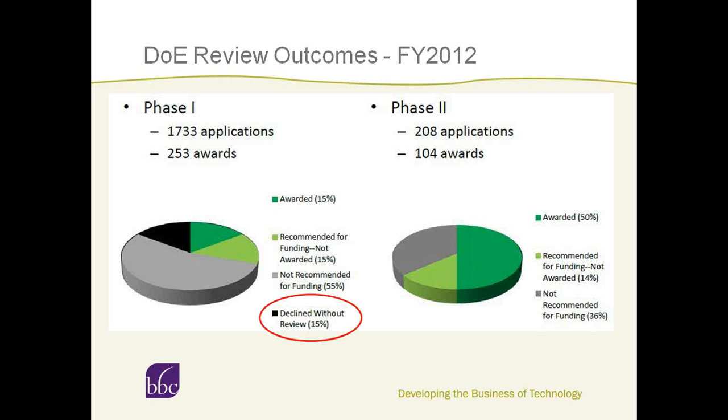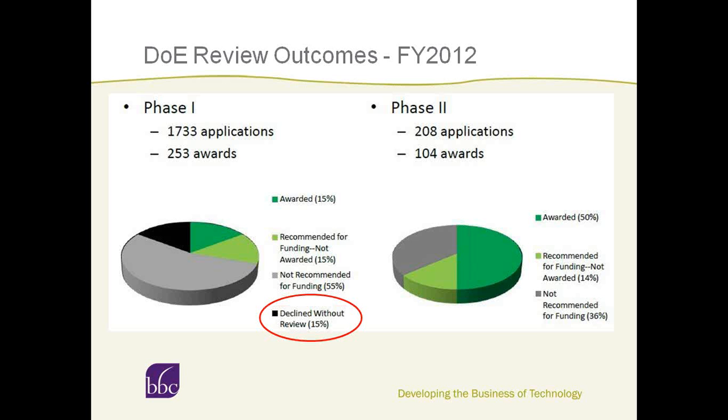You'll notice, first of all, that of the 1,733 applications they received, 15% of them were sent back without review. This represents the applicants who didn't follow the rules, who didn't understand what the requirements were, didn't read the fine print of the solicitations in terms of page length and the rest.